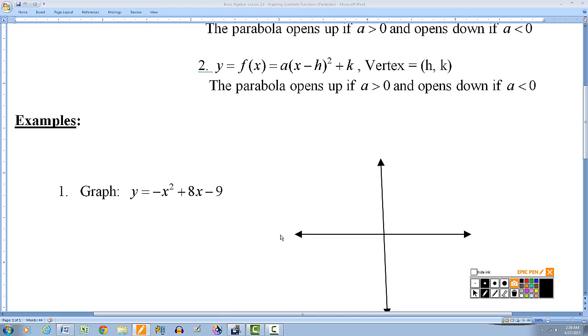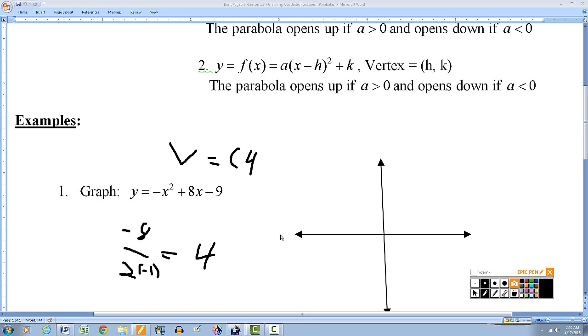In my case, b is 8, so that would be minus 8 divided by 2 times a. A is negative 1. So negative 8 divided by negative 2 is positive 4. So the first component of the vertex is 4.